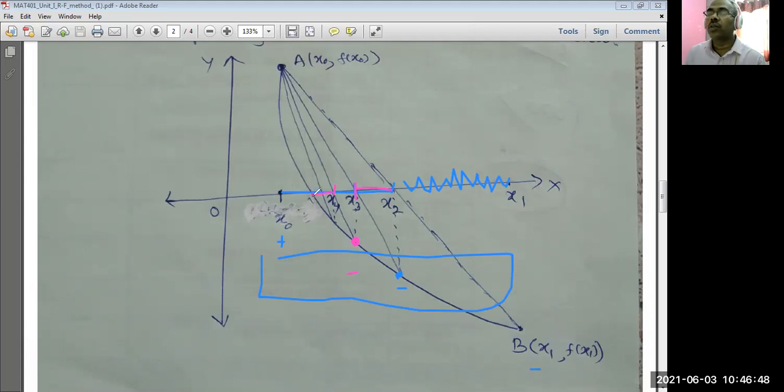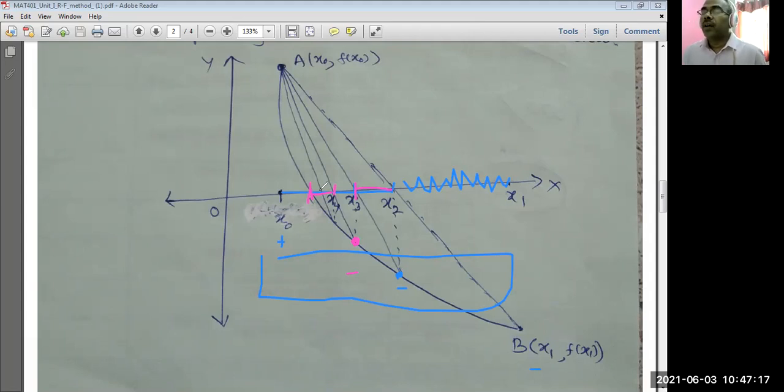This is the exact root, because the graph of the function intersects the x-axis at this point. In the first step we are here, then in the next step we are here, so the exact root gets closer and closer if you perform more and more steps.